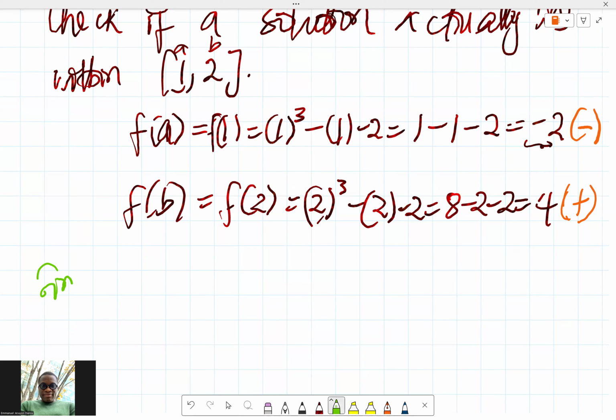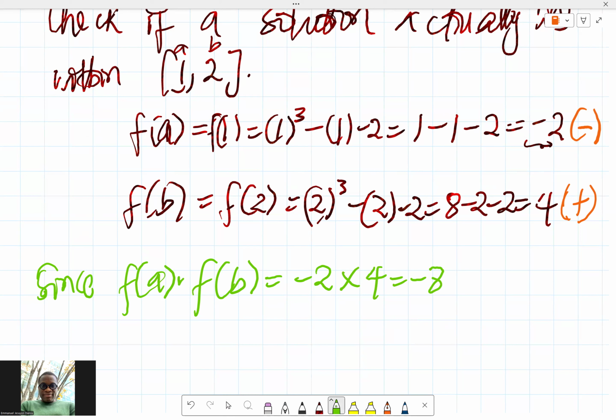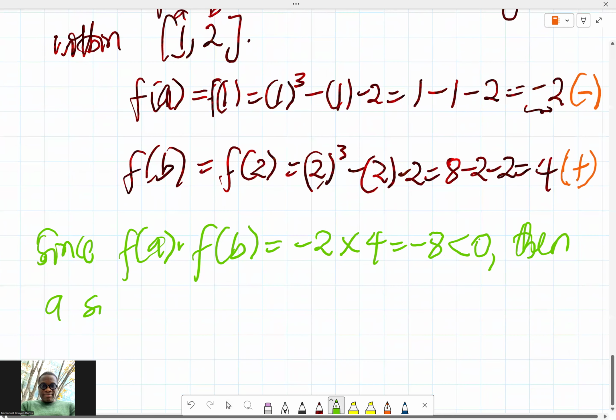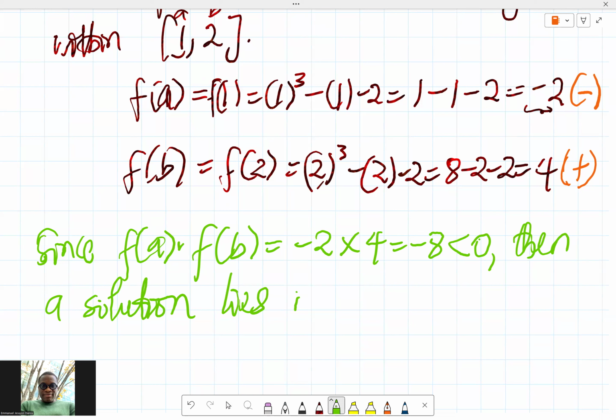So you say, since f of A times f of B is minus 2 times 4, that is minus 8, and this is less than 0, then a solution lies in the interval 1 comma 2.